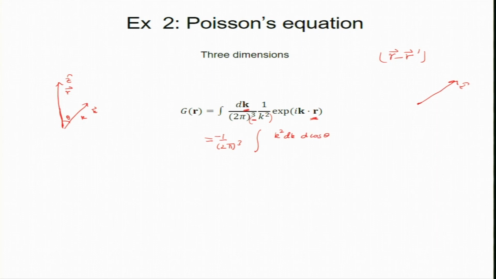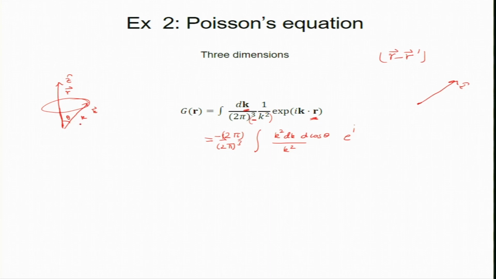Now there is azimuthal symmetry. If I go around in that direction, my integral is unchanged, it is not a function of phi. So I do the d phi integral in one shot, and 2 pi will come out. D phi is 2 pi, the azimuthal angle. So d phi I do not need to worry about, and k squared is here, and I get e to the power i k dot r.